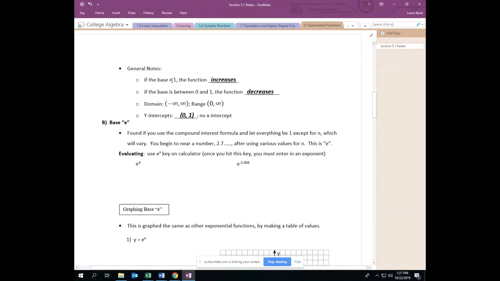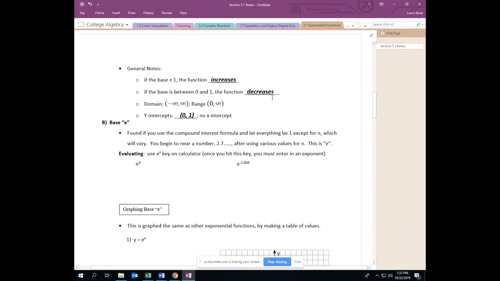If the base is an integer greater than 1, it's going to give me an increasing graph. If it's a fraction between 0 and 1, then it's going to be a decreasing graph. So as long as it's bigger than 1, it's going to be increasing. It's these little fractions, a fourth, a third, a half. Whenever you raise those to a power, they're going to be decreasing.